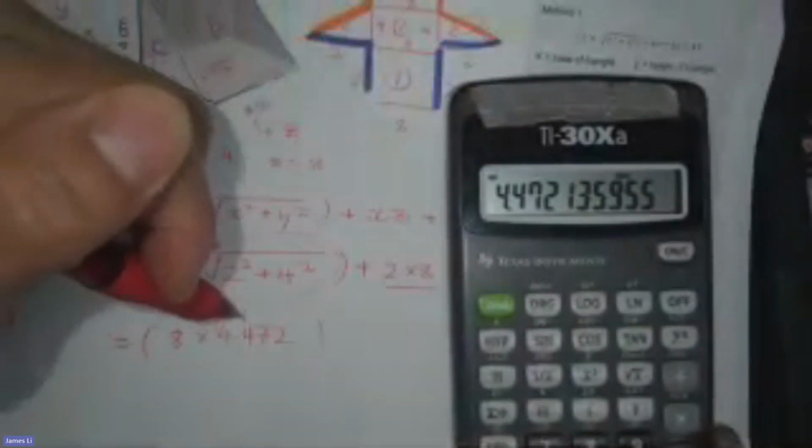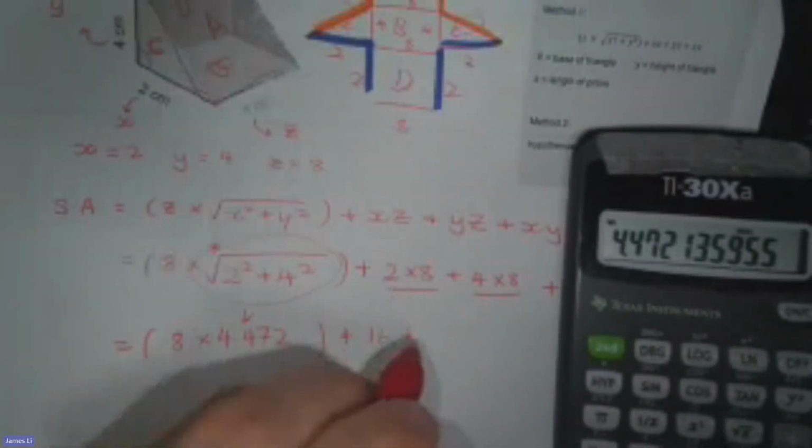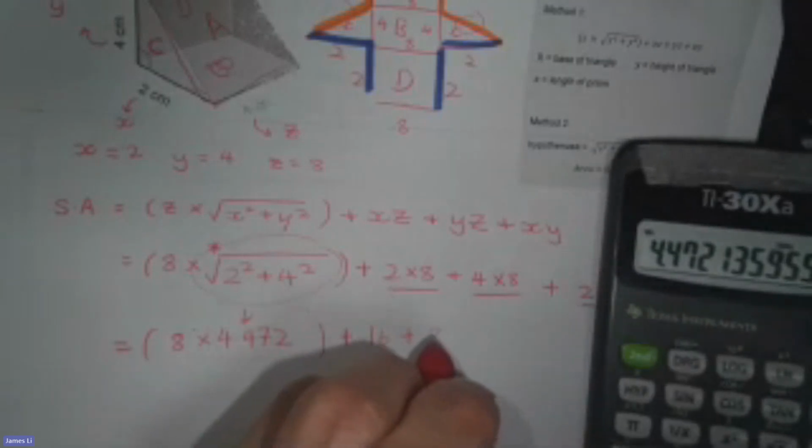You will get 4.472. So 8 multiplied by 4.472. You notice, right? I calculated this and it became 4.472. Plus 2 times 8, you get 16. 4 times 8, you get 32. 2 times 4, you will get 8.